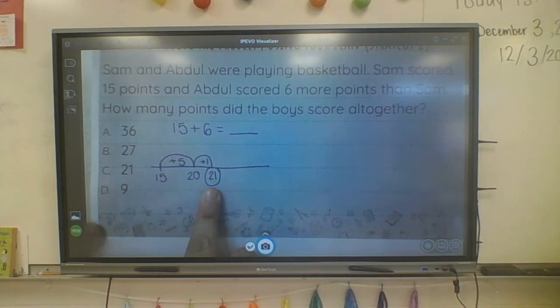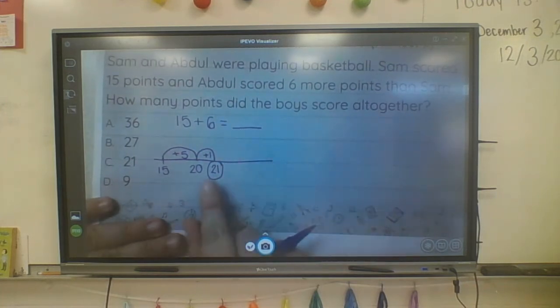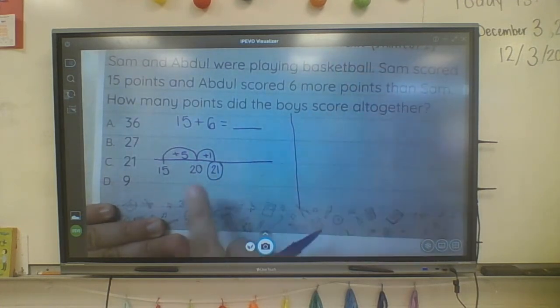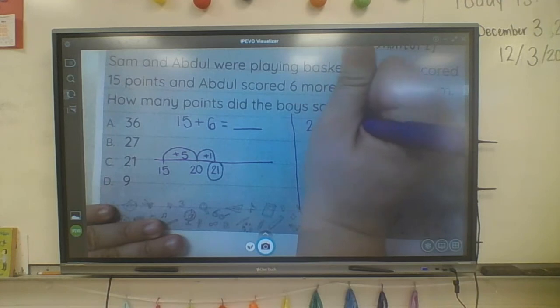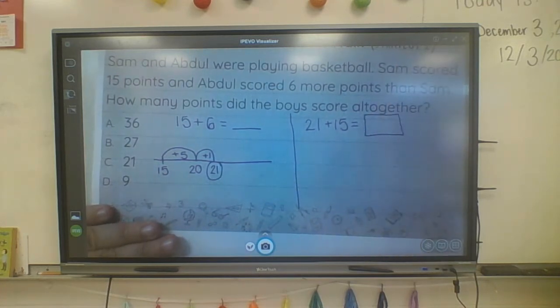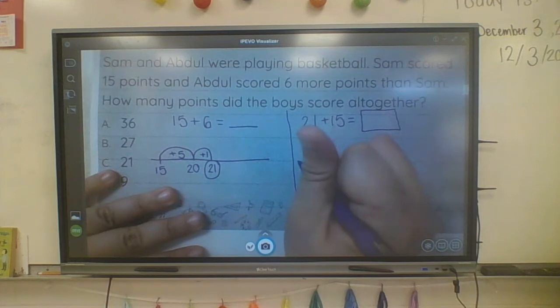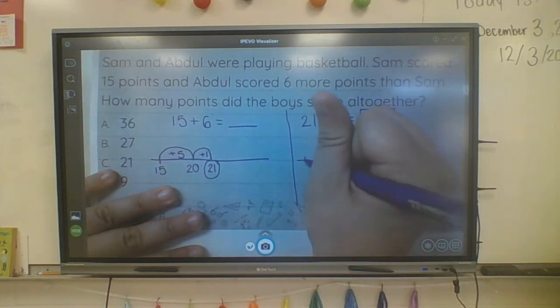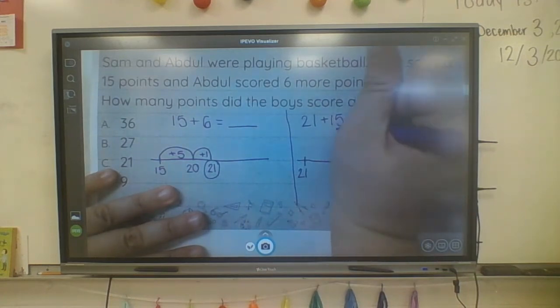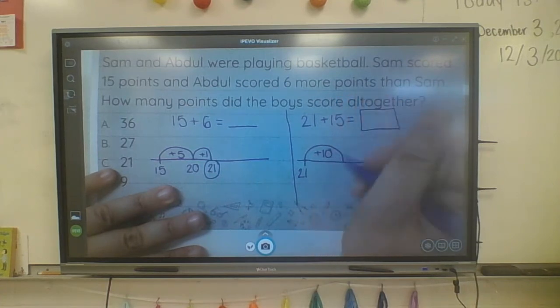So again, my 21 is what Abdul scored, not what the boys scored altogether. So next, just like last time, I need to take my 21 plus my 15 to figure out how many they scored altogether. And again, I'm going to use the number line. So I'm going to start on my number line with 21, since that's my bigger number. And my 15, I'm going to jump a 10, because I know 21 plus 10 equals 31.